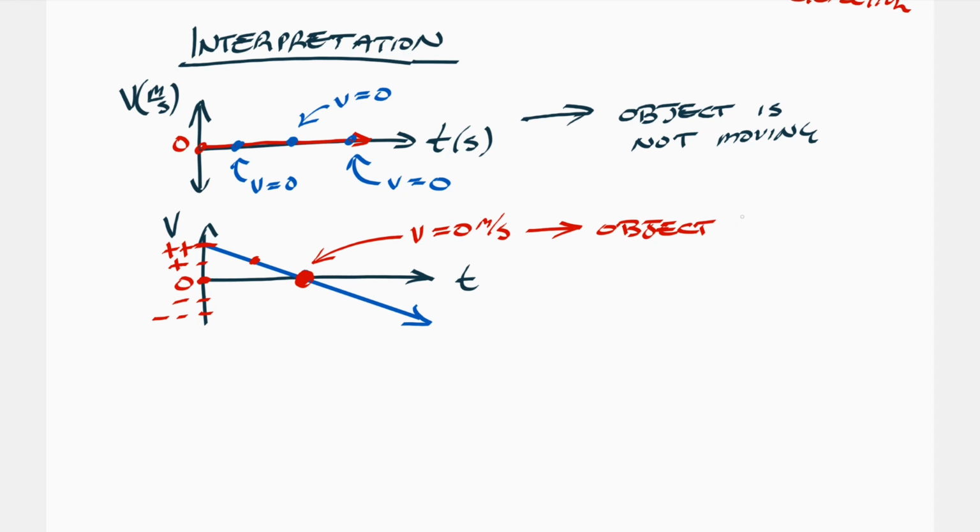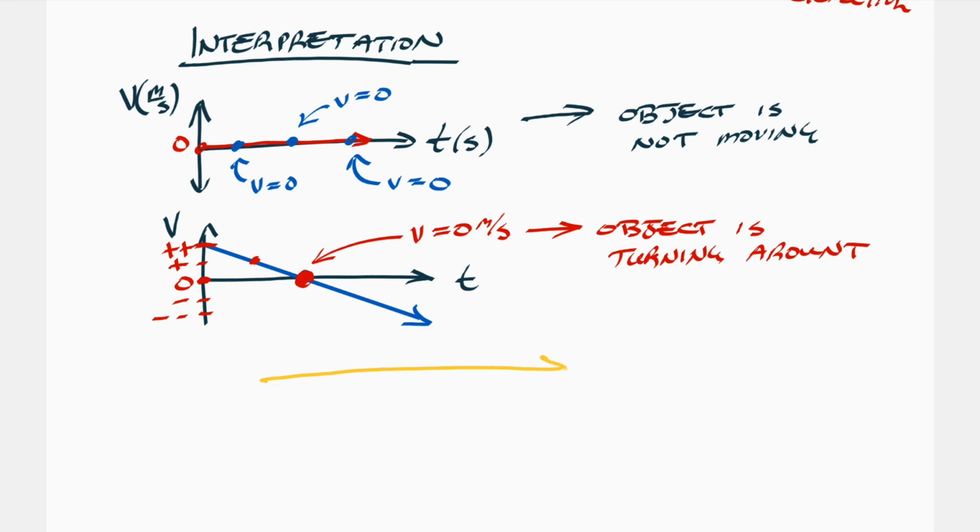But furthermore, we can actually say that the object is turning around. Why would I say that? Notice how it goes from the positive half of the V versus T graph into the negative half. That transition from the positive side to the negative side tells you that the object is turning around.